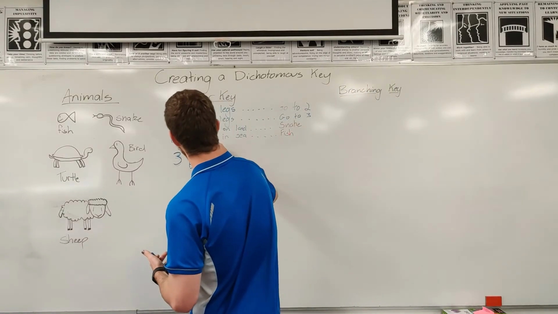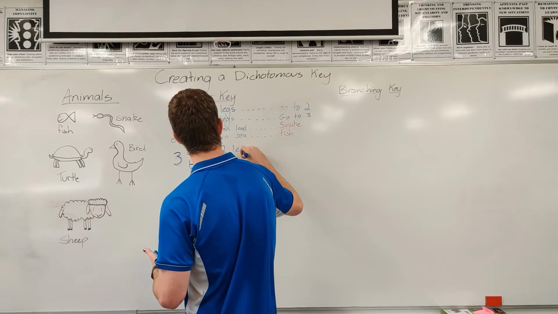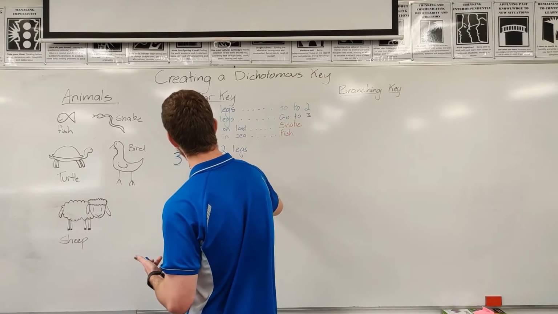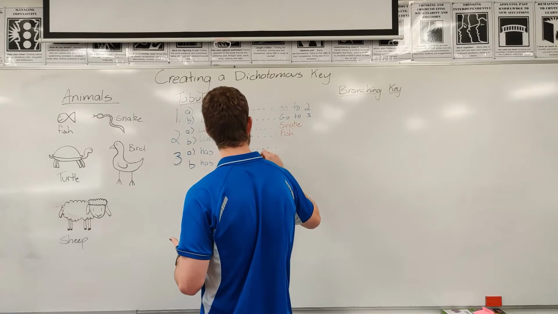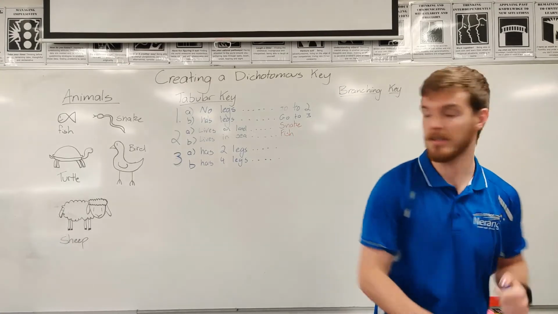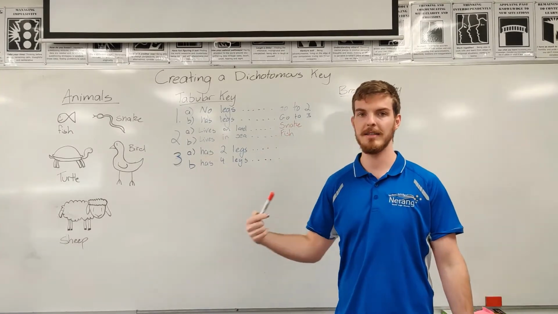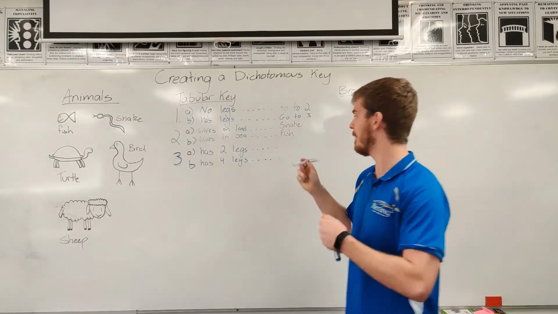So if it has 2 legs, if this animal has legs and there's only 2 of them, which animal is it going to be? It's going to be the bird.